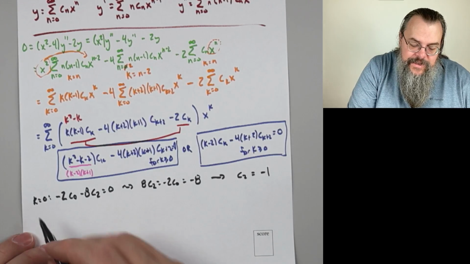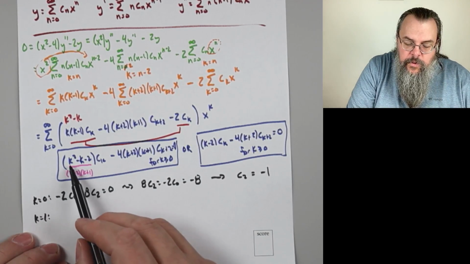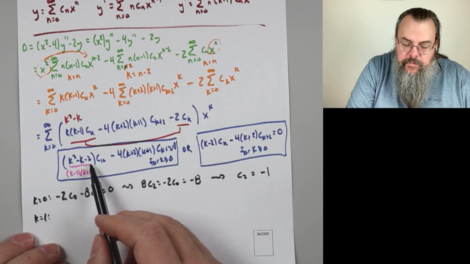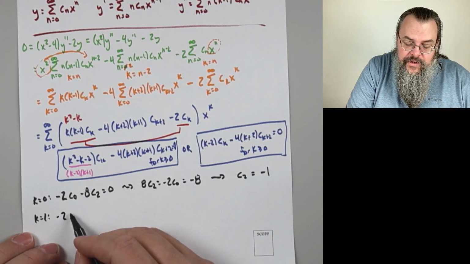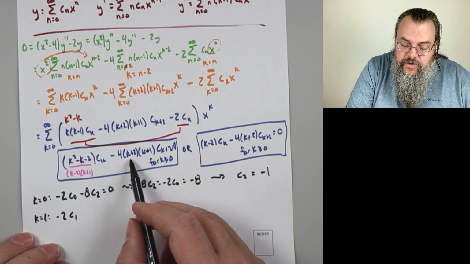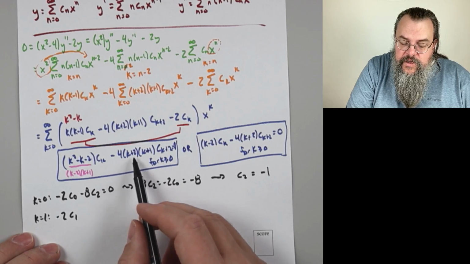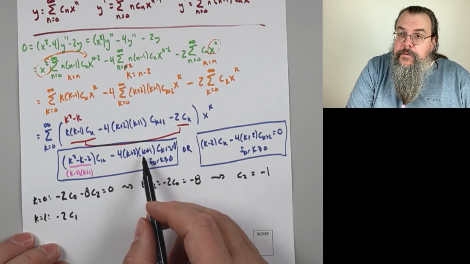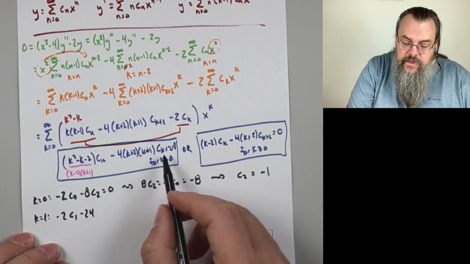All right, that's nice. How about k equals 1? Okay, 1 minus 1 minus 2. Oh, we got lucky again. So it's another minus 2 C1. And here we have 4 times (1 plus 2) times (1 plus 1), which is 4 times 3 times 2, that's 24. So minus 24, and then 1 plus 2 is C3.